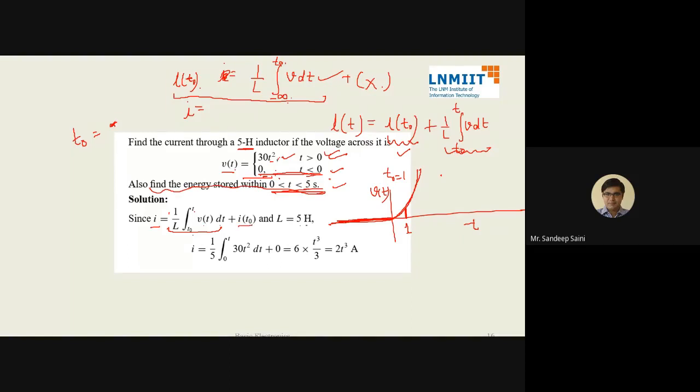What is the value of I of t naught? That means what is the value of current at t equal to 0? Up to this point, we were not given any voltage or current, and here it is not mentioned either. So one thing please remember: if the voltage across a capacitor is 0, does that mean the current in the capacitor is also 0?